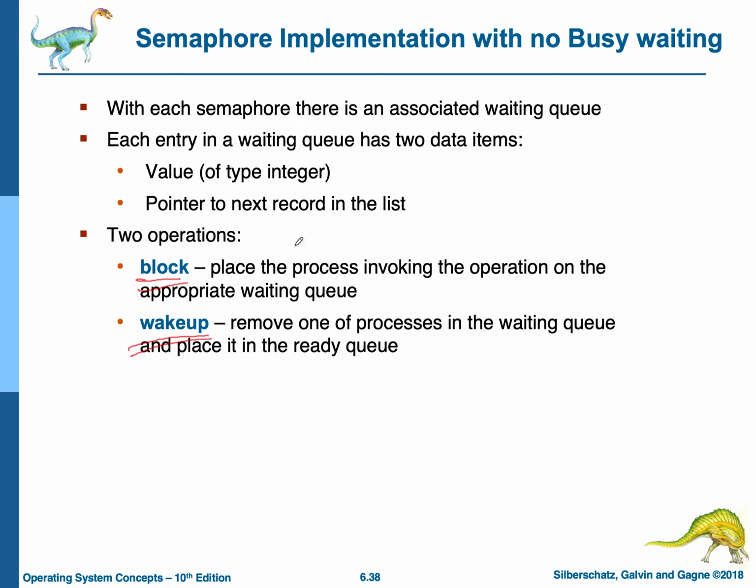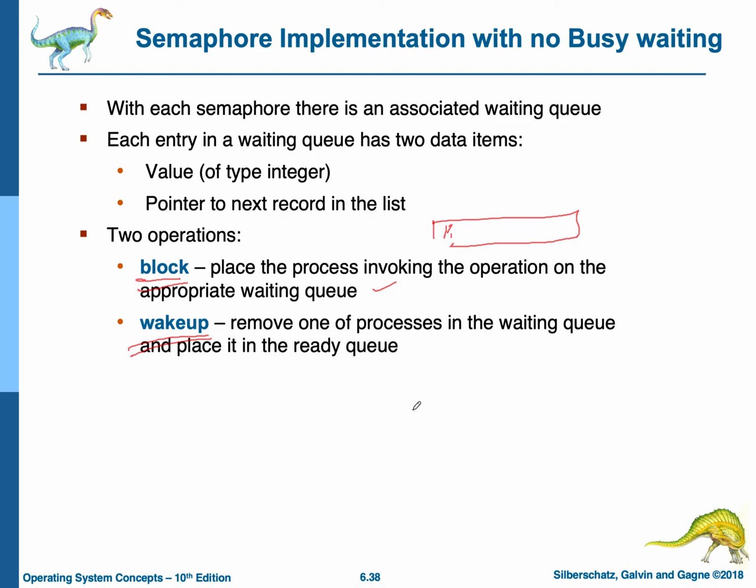Block means placing the process invoking the operation on the appropriate waiting queue, right? The process which has invoked will be put into the waiting queue. And wake up is when we remove one process from the waiting queue and place it in the ready queue.